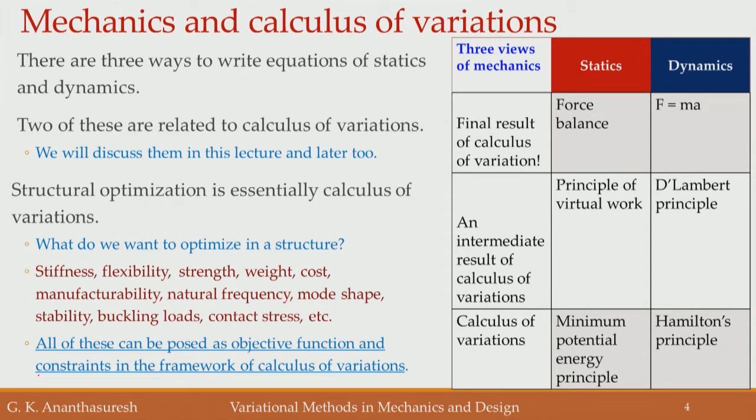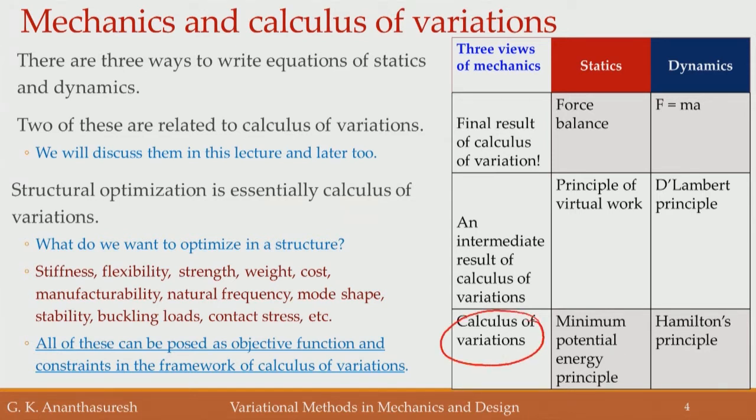So, you can belong to different schools. The first school is force balance, Newton's second law, second school is principle of virtual work and D'Alembert principle, third school is principle of minimum potential energy and Hamilton's principle. So, all of this is what we should appreciate in the framework of calculus of variations, which you can see in the first column, where we have put this as calculus of variations.